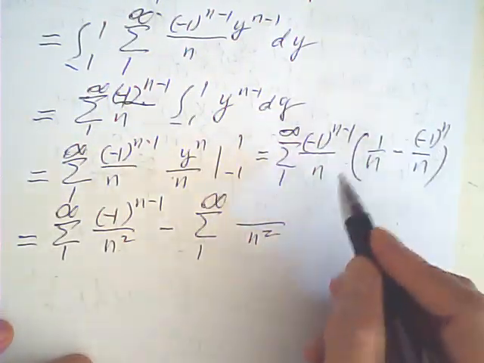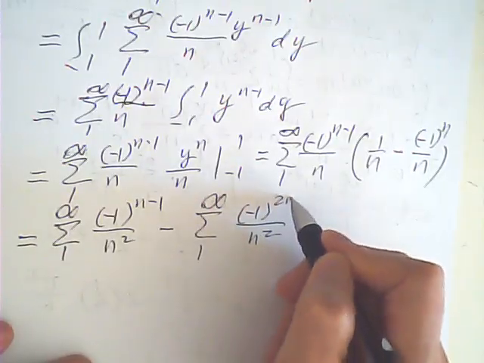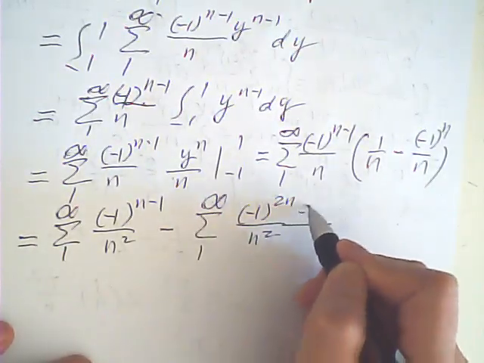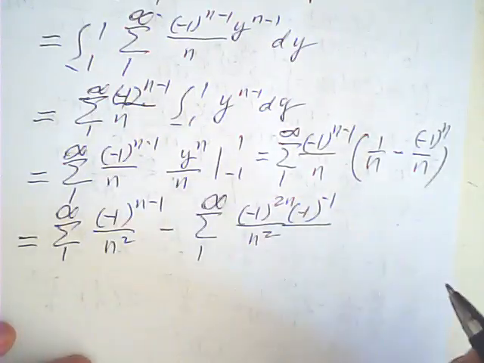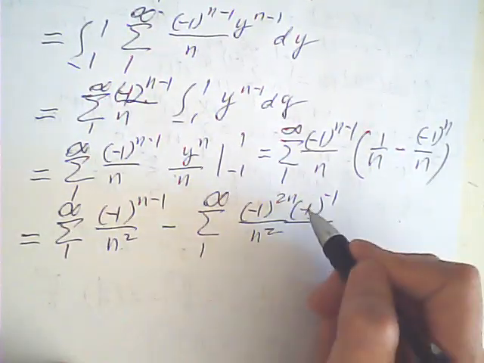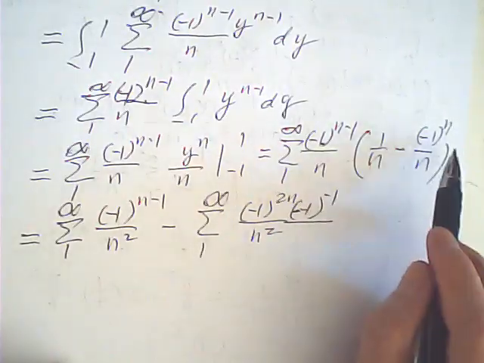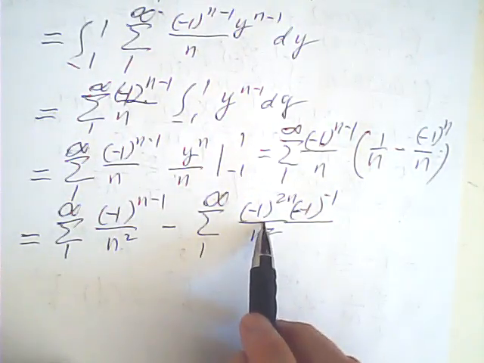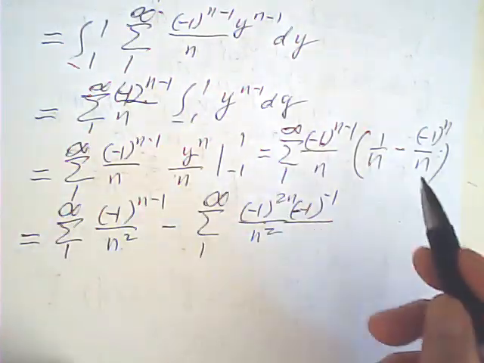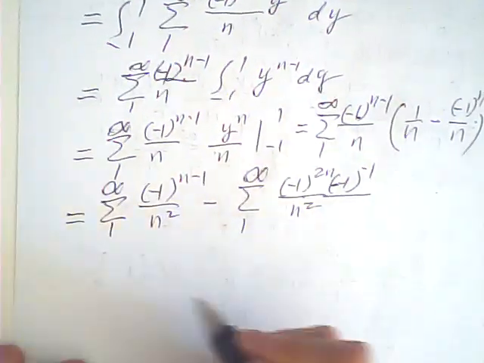This becomes negative 1 to the 2n, times negative 1 to the negative 1. This one and that one combine to this. Take one, yeah, that's correct.